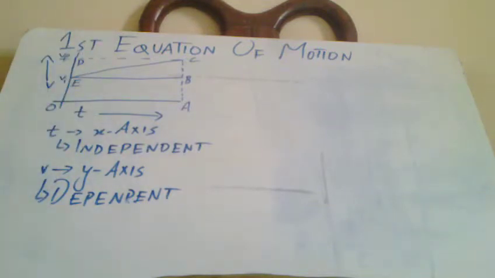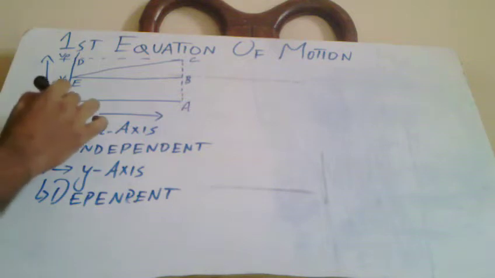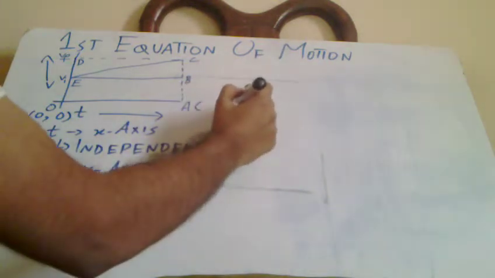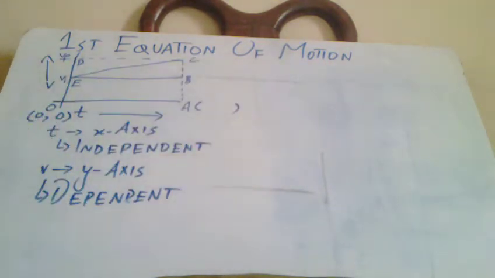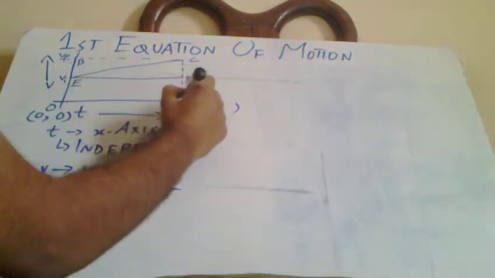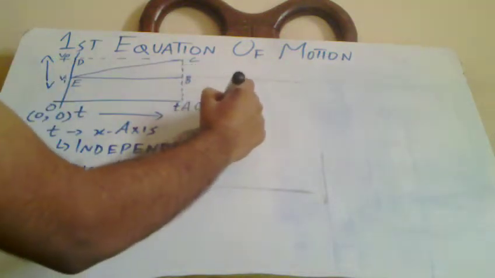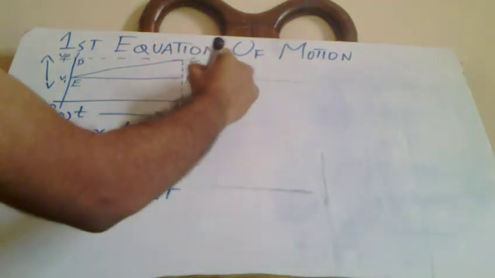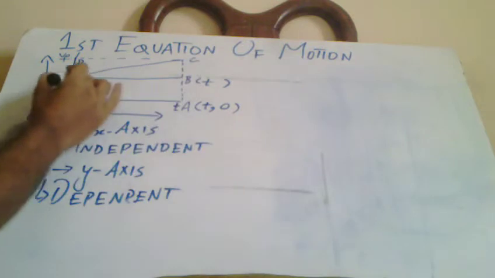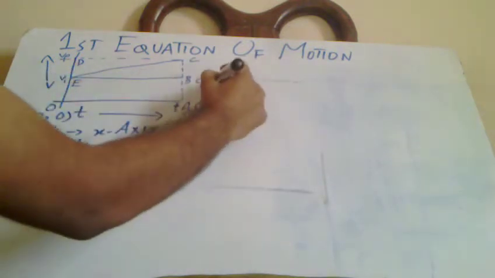At point O, which is actually the origin of the graph, we know that x and y are both 0, 0. At point A, let's just say x is t and y is 0. At point B, x is t and y is vi.